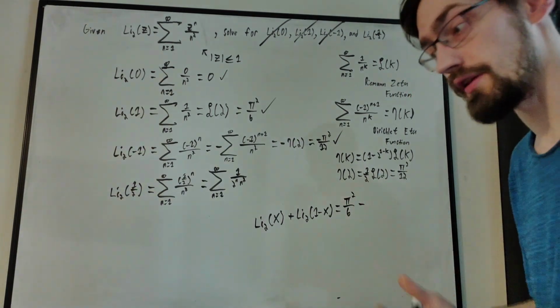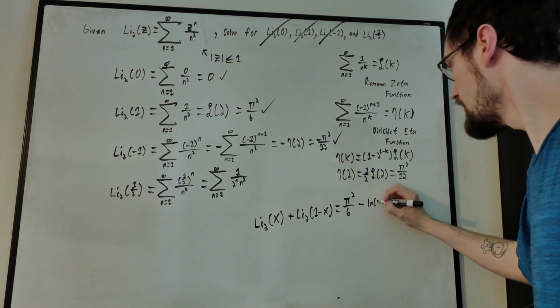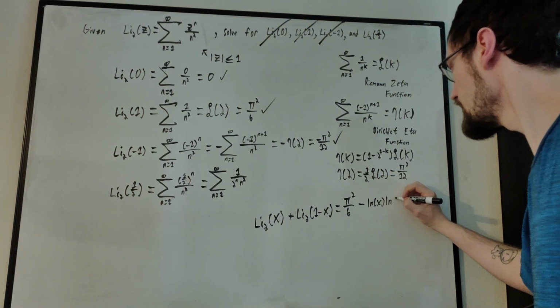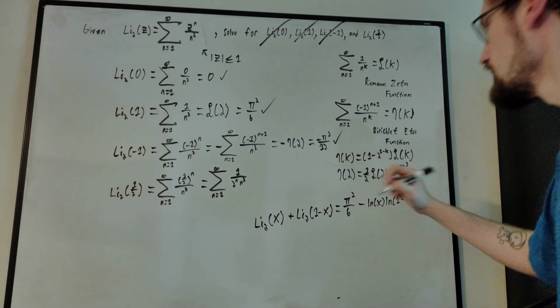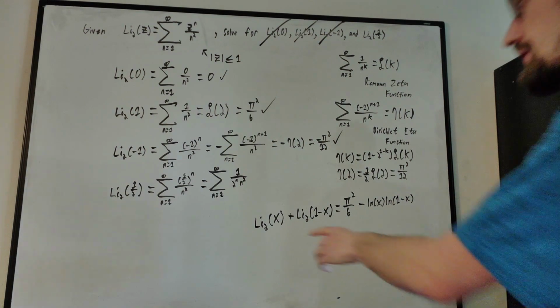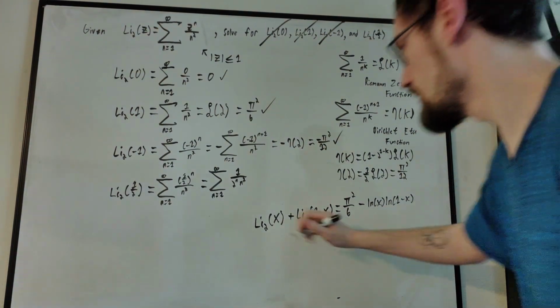But what's that arbitrary constant generated by? Well, it's the natural log of x times the natural log of 1 minus x. We're now wanting to figure out what the dilogarithm is of 1/2, so we can plug in 1/2 for x here.